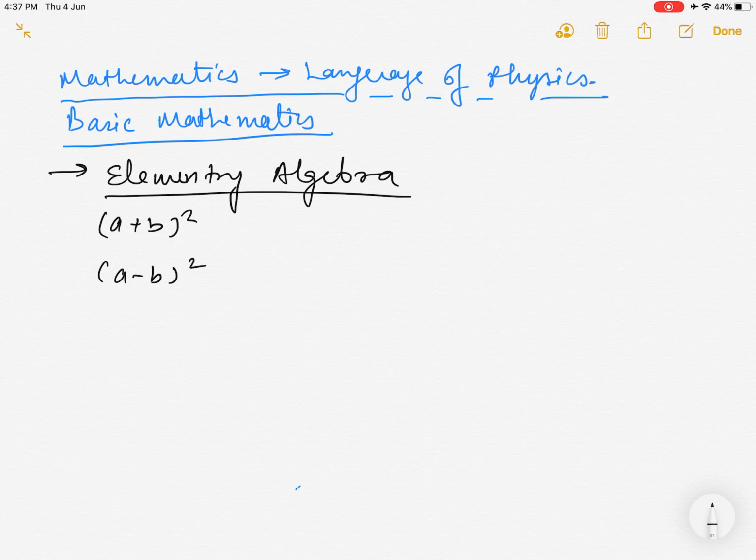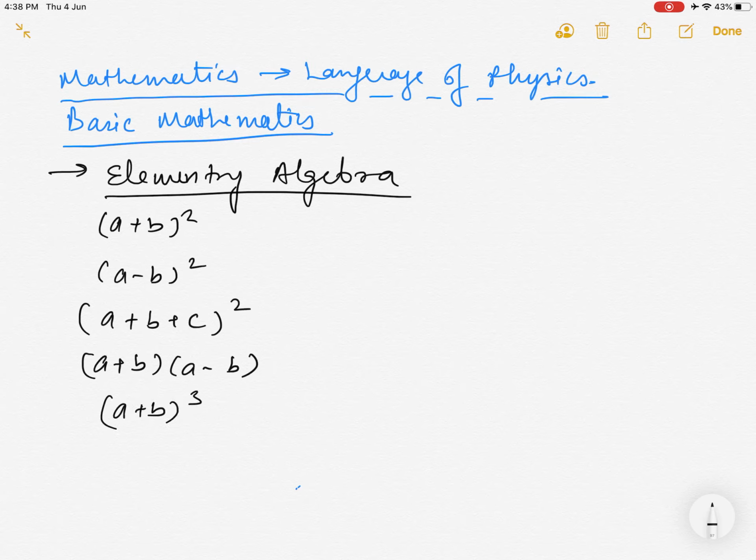Those common formulas are (a plus b) whole squared, (a minus b) whole squared, (a plus b plus c) whole squared. Then you have (a plus b)(a minus b). Then you have (a plus b) whole cubed.